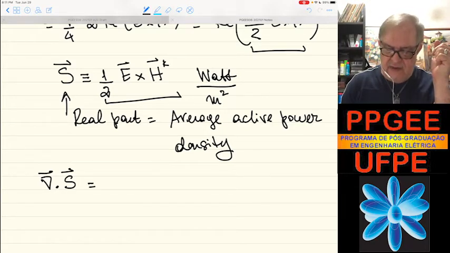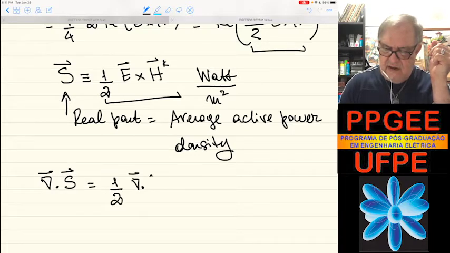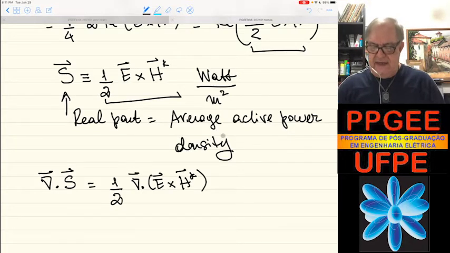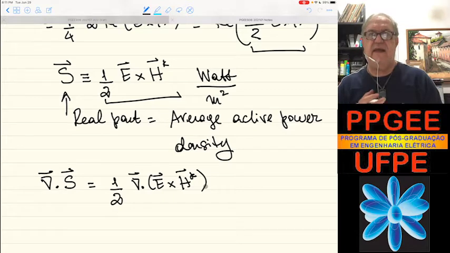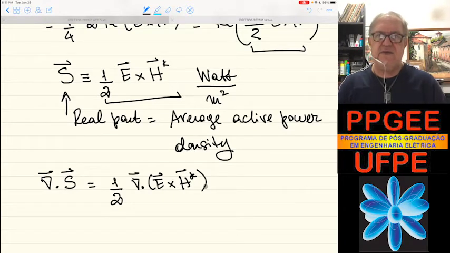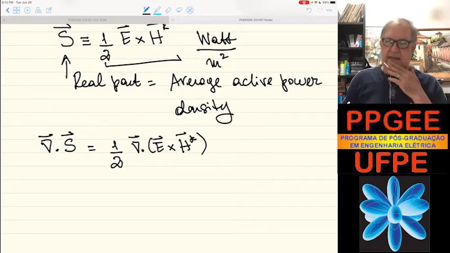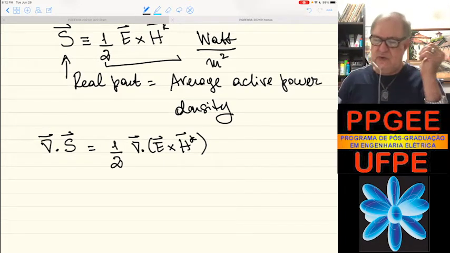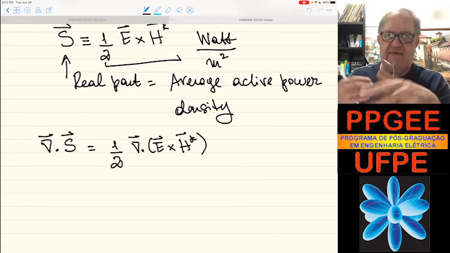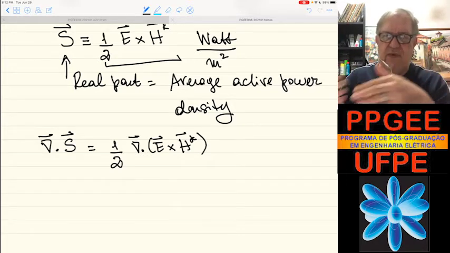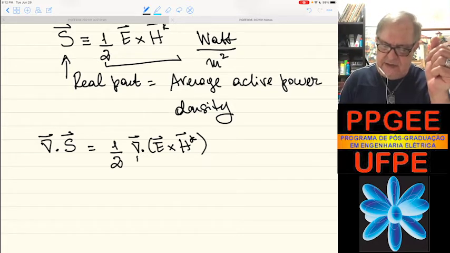So that's going to be 1/2 of the divergence of E cross H conjugate. Okay, so we have an expansion for this. Okay, I always use that expansion. Let me demonstrate to you what that really is, just to give you a clue how to do those demonstrations. I mean, how to derive, how to check what is the correct expression for this expansion here.